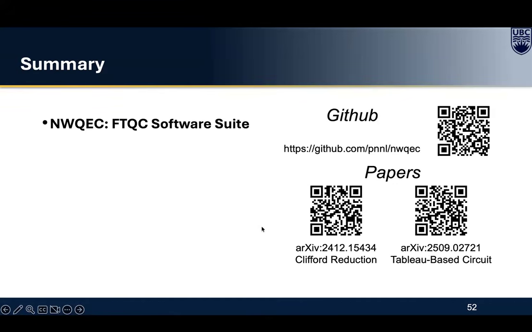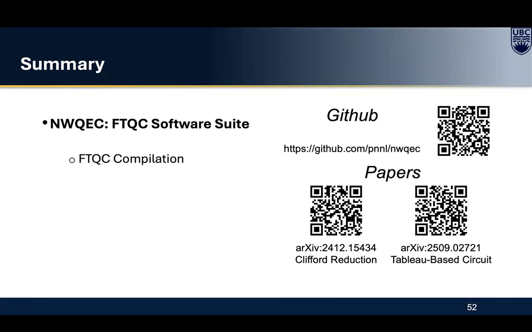We designed NWQEC as a fault-tolerant quantum computing compiler, so it can compile any arbitrary circuit into Clifford plus T and then to the PVC and then do those optimizations. And it does so in a very efficient manner. It's really fast compared to similar functionality provided by Qiskit or PennyLane; it runs much faster than those other software packages.